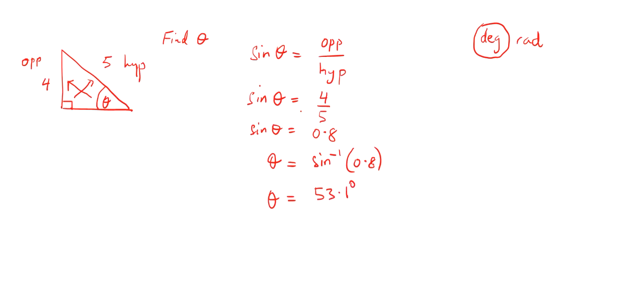53.1 degrees. Okay, let's do another example. Let's say we have a right angle triangle.